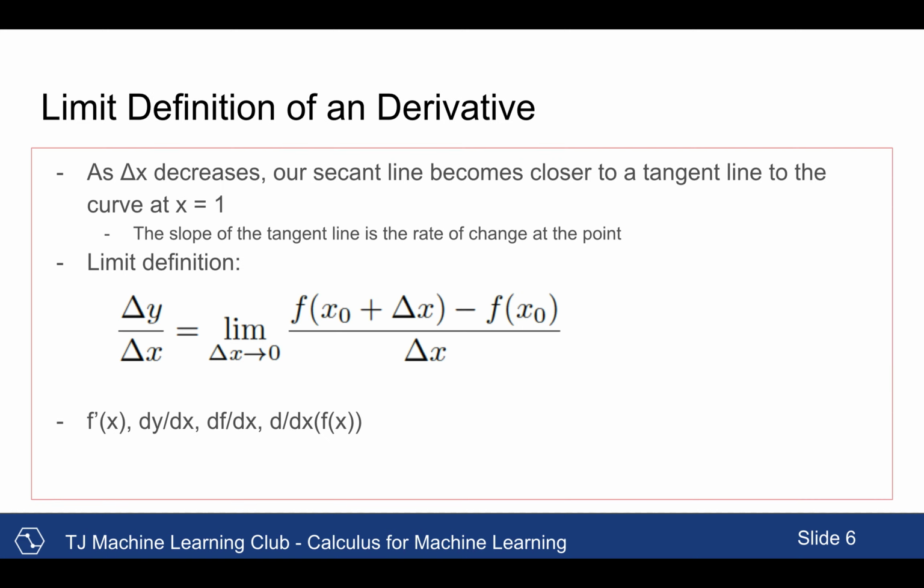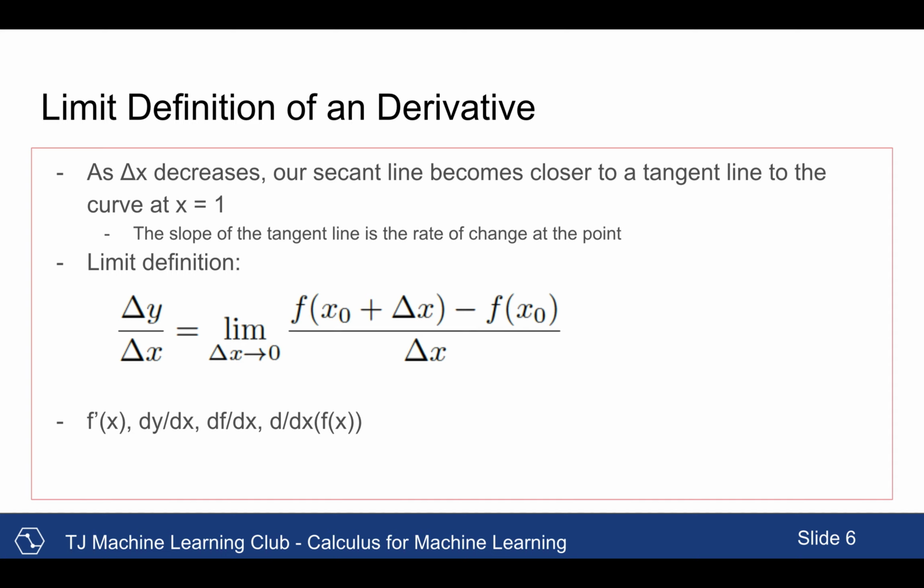So the limit definition of a derivative is that as that delta x decreases, our secant line becomes closer to that tangent line at the curve, and therefore the slope of that tangent line is the rate of change at that point. You can see in the limit definition here, as the limit of delta x approaches 0, f of x naught plus delta x minus f of x naught all over delta x gives you the limit definition of a derivative.